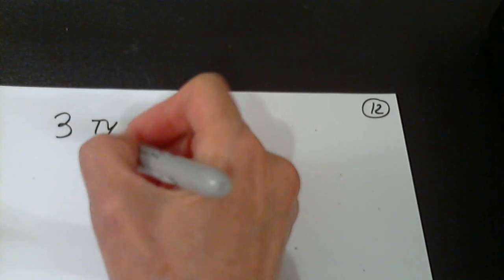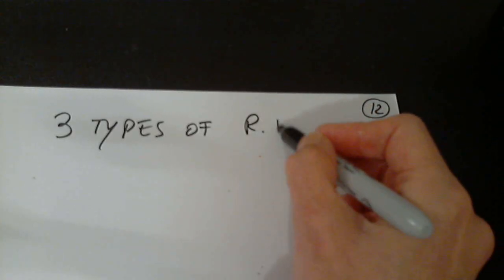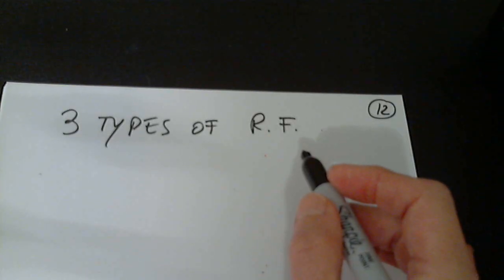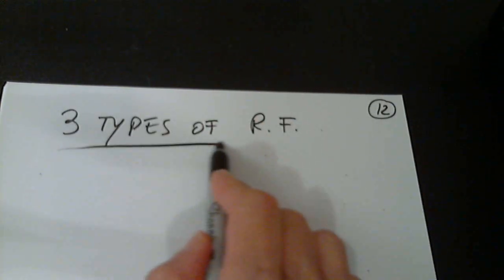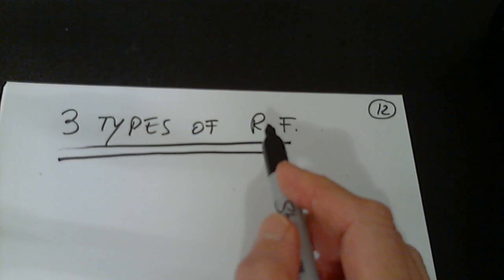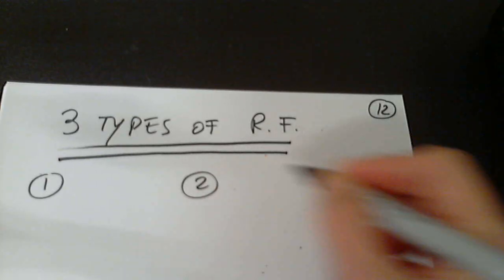Now, 3 types of rational functions. Are there more than 3 types? Yes. We are only going to study 3 types, but there are more. Okay, number 1, number 2, number 3.